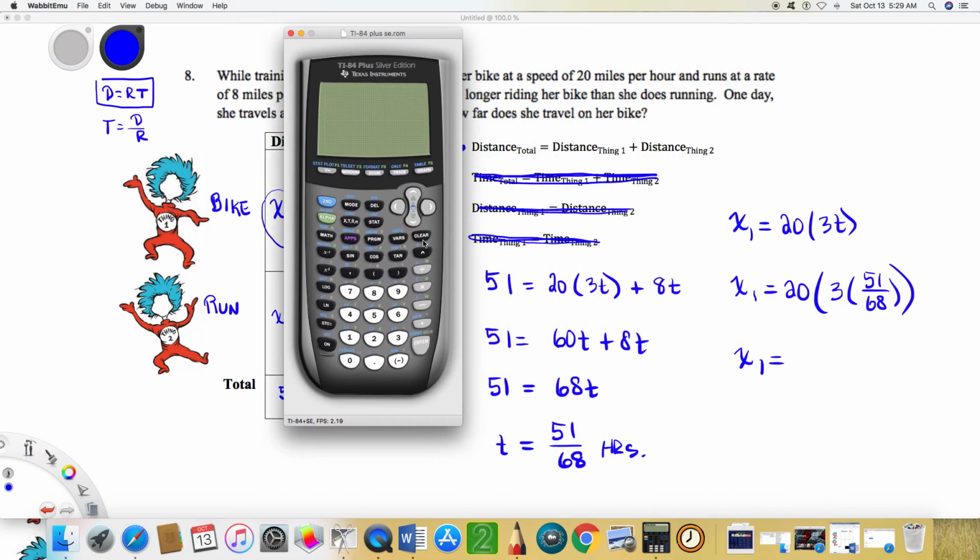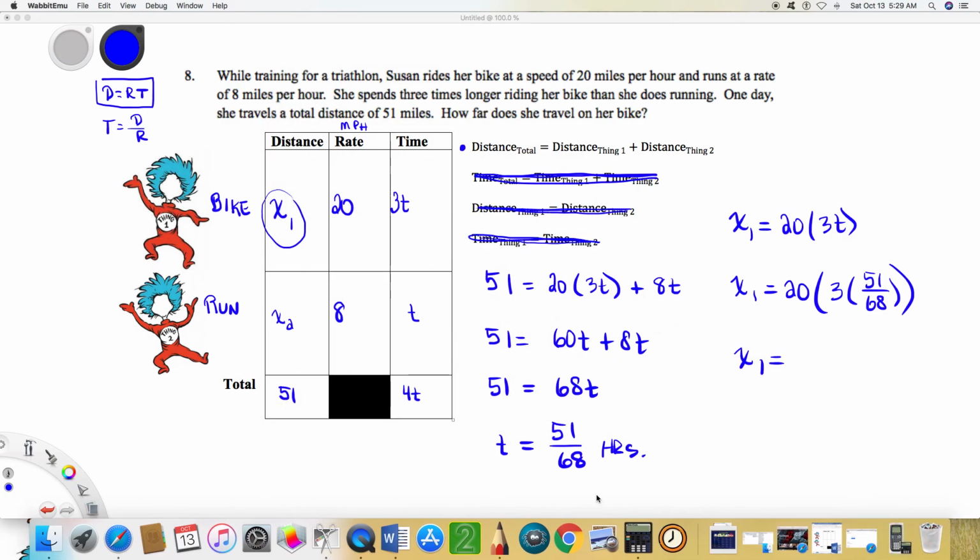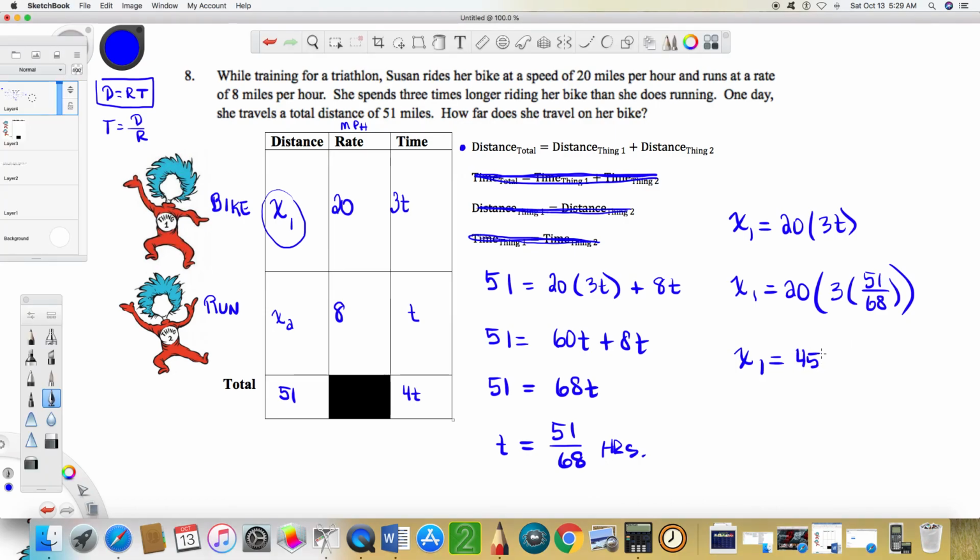So 20 times 3, that's 60, times 51 divided by 68. 45 is what I'm getting. 45 miles is how far she's riding her bike.